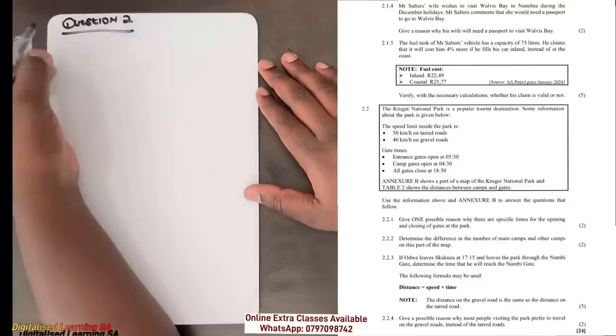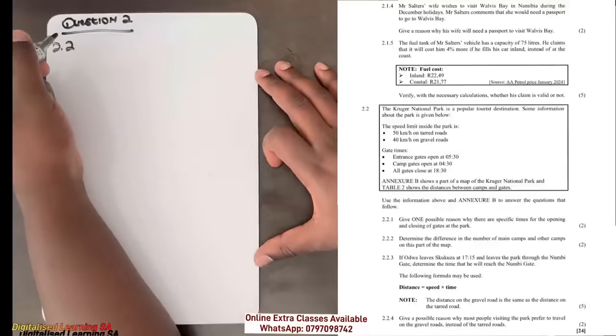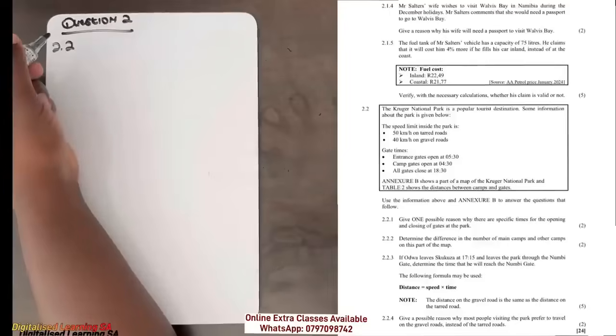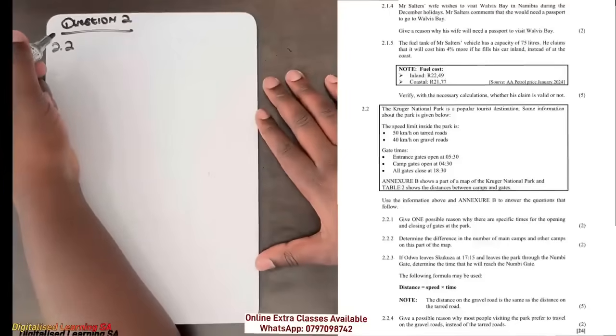Okay, so now let's move to question 2.2. We are told that the Kruger National Park is a popular tourist destination. Some information about the park is given below. The speed limit inside the park is 50 kilometers per hour on tarred road and 40 kilometers per hour on gravel roads.